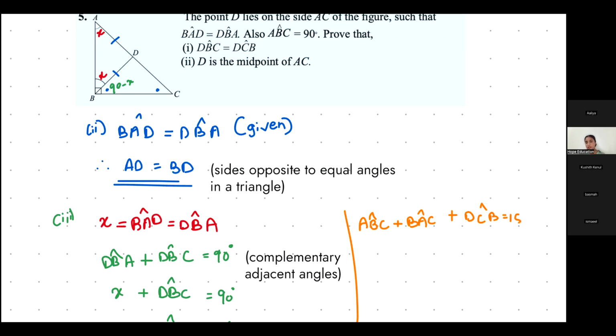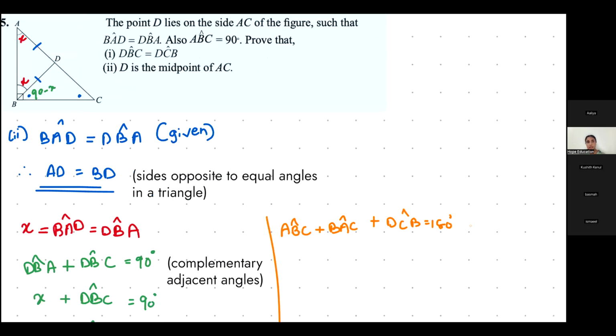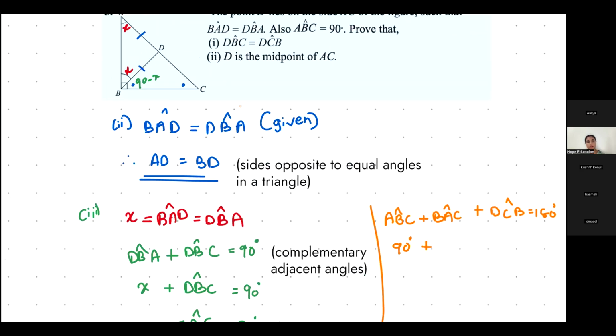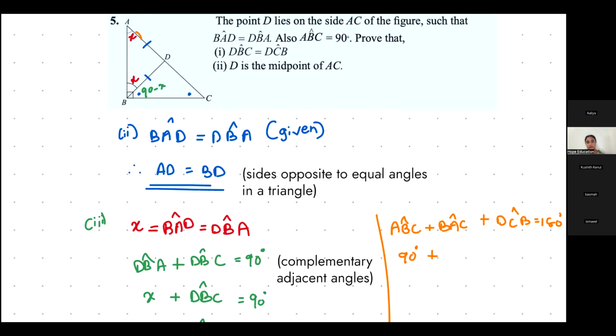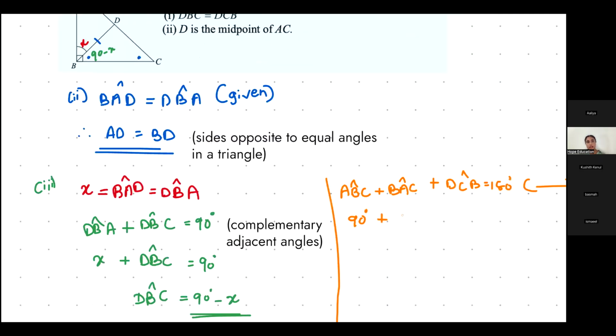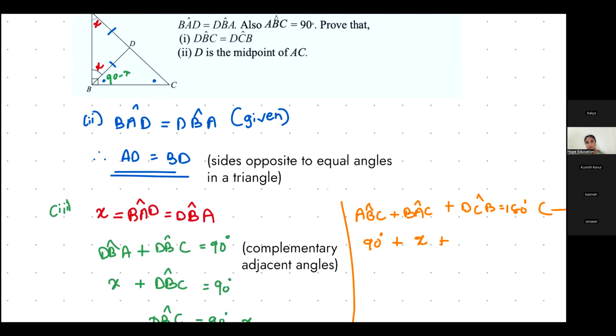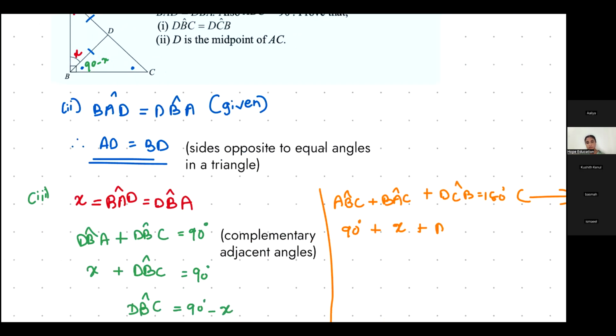Reason: sum of interior angles of a triangle. ABC is 90 degrees, BAC here is x, DCB we don't know, equals 180.